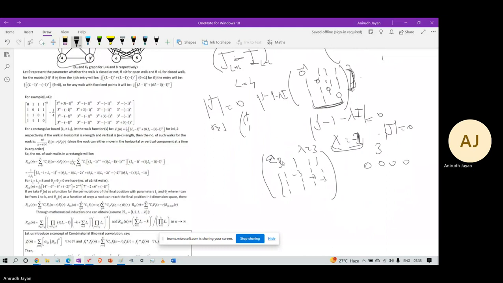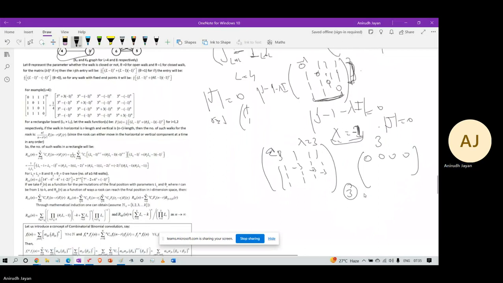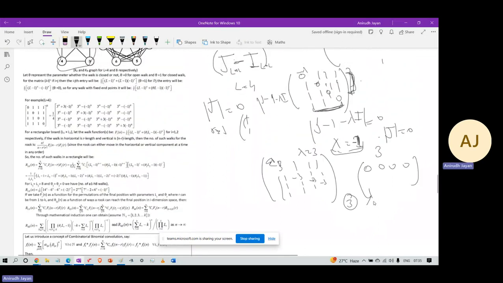Since the sum of every row is 0 and the sum of every column is 0, adding the rows or the columns, you will have a complete 0 row or a complete 0 column, which gives 3 as an eigenvalue. So lambda equal to 3 is an eigenvalue, and -1 with a multiplicity of 3.